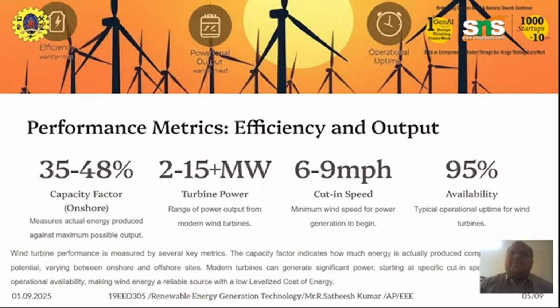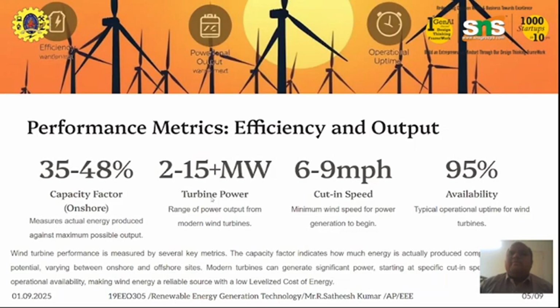So the performance metrics, efficiency and output. The performance numbers say the wind turbine's efficiency, that is, the capacity factor, ranges up to 35 to 48 percent onshore. It measures the actual energy produced against the maximum possible output.